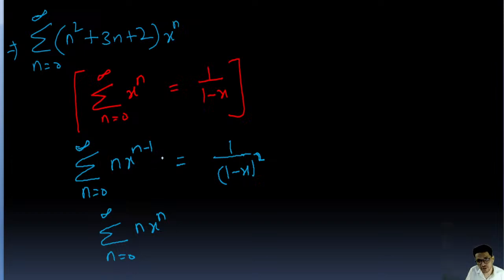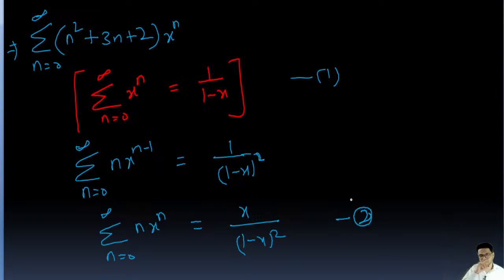Then x into x to the power n minus 1 is going to be x to the power n, and then this is going to be x upon 1 minus x whole square. Let's say this is equation number 1, and this is equation number 2.